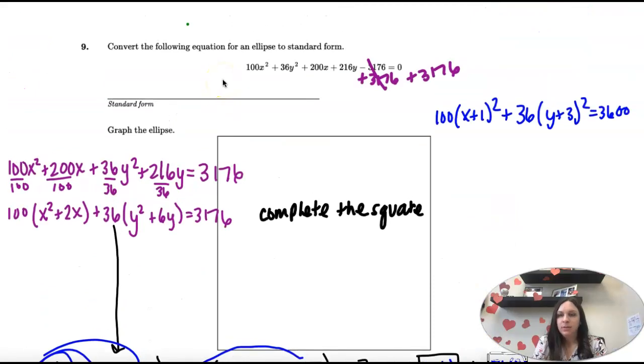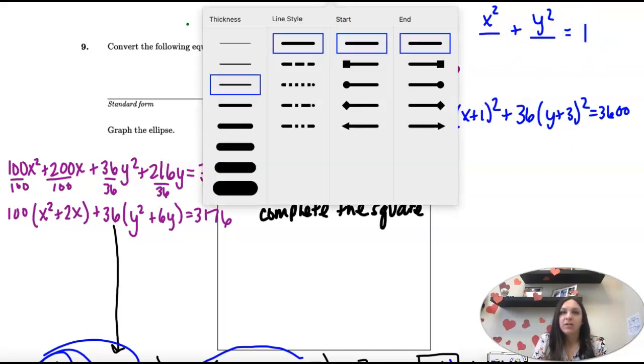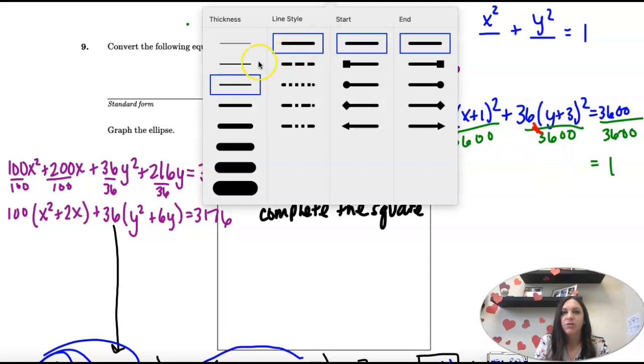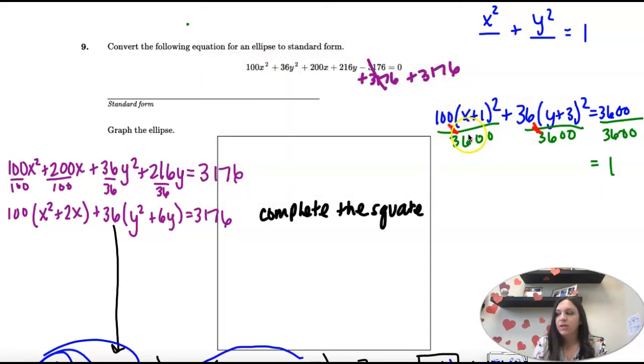So remember, in our standard form, we have x squared over something plus y squared over something. A and b switch sometimes, but it always equals 1. So now's our chance to make it equal 1. So we're going to divide that by 3600, and that is 1, right? But what you do to one thing, you have to do to everything. So we're going to divide this by 3600 and this by 3600, and now we have some fractions that we can reduce. So 100 over 3600 is 36.